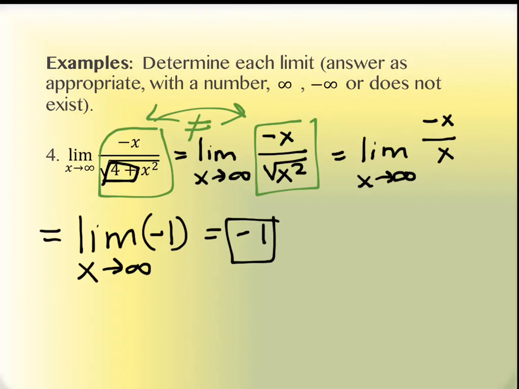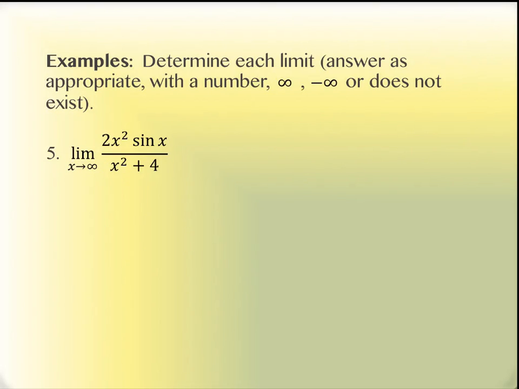All right, we have one more, and this one really looks like it should be giving us a different answer, or that it looks like it's something quite different, simply because we have that sine x involved. But what I want you to consider is what the graph of sine of x looks like.